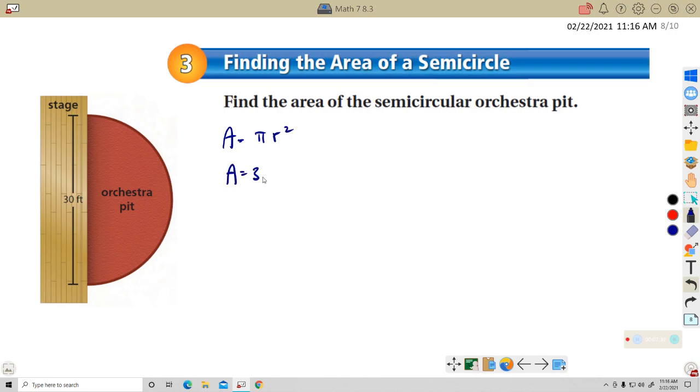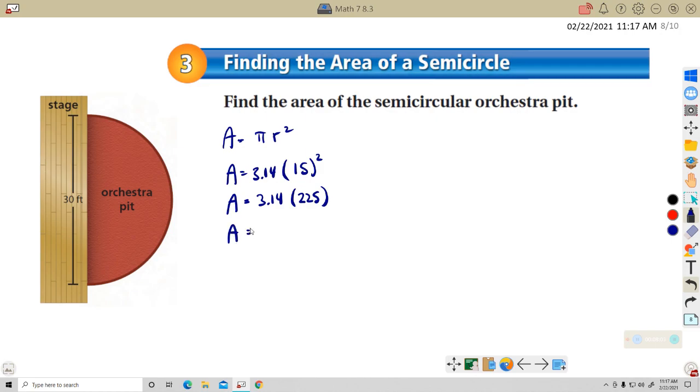So area equals 3.14 times... what's the radius of a circle that has a 30-foot diameter? 15, right? Half of it. 15 squared. So the area of the circle is 3.14 times 15 squared, which is 225.